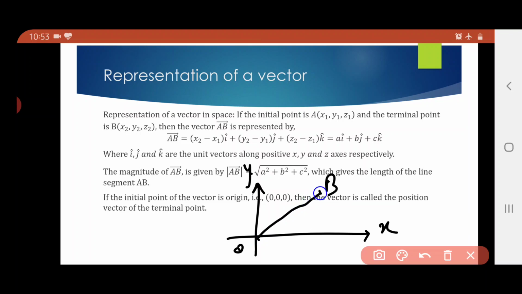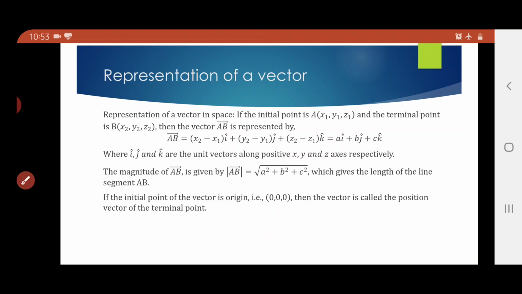If I draw this vector from the origin as the initial point and B as the terminal point, then this vector is called the position vector, or let me just write PV. PV means position vector of B. Fine.